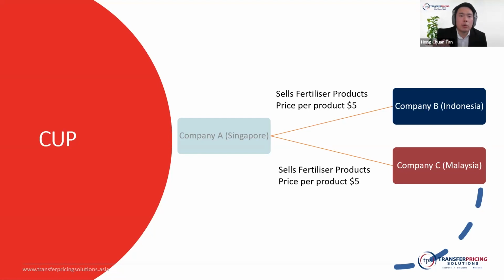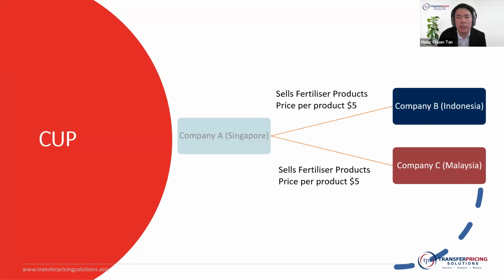Then it's a difficult process if you want to apply an external CUP, where you have to search for identical products and also satisfy other comparability factors such as business terms, business strategies, contractual terms, and economic circumstances.